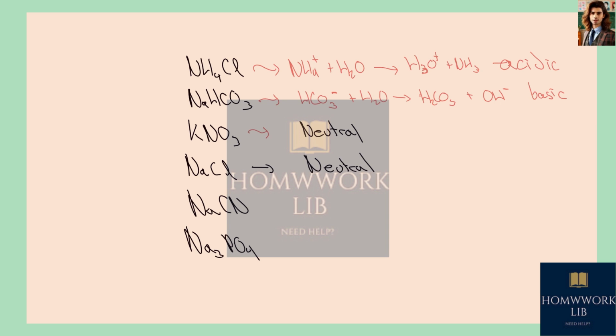For the next two cases, things change a little bit. In the case for NaCN, the cyanide ion, CN minus, can react with water, generating a weak acid, that is HCN plus OH minus. So the resulting solution is going to be basic.